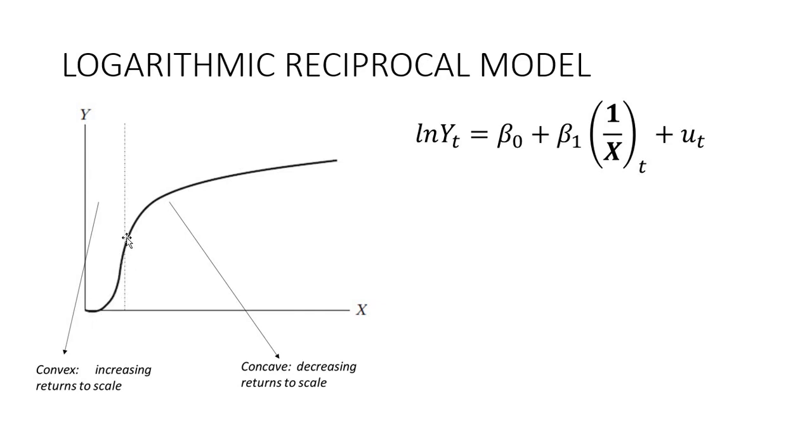Up to some point it's convex, so this function is increasing with an increasing rate. Speaking less formally, this function will grow faster as the value of x increases, and from this point the function is concave. So here we have a decreasing rate of increase, let's say it in this way.